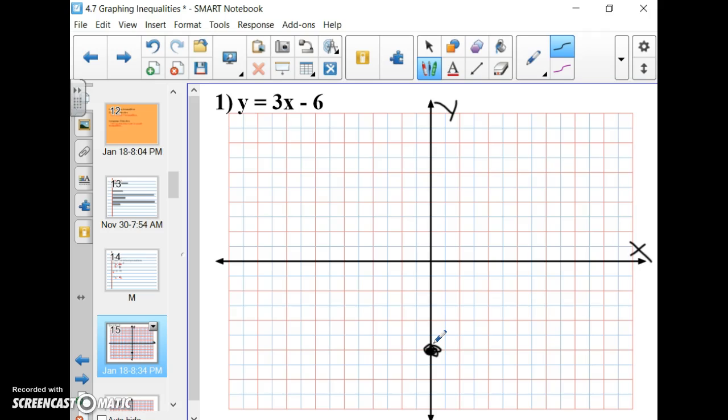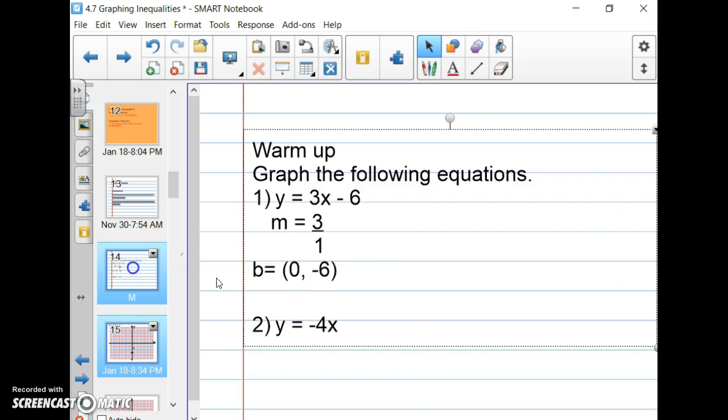Now my slope is 3 over 1. So if I start here at the y-intercept, which again is notified as b, so I think of it as the beginning, I'm going to go up 3, so 1, 2, 3. I'm going to go over 1. I'm just going to put a dot right there. So now I have both of my coordinates. Remember, this one came from the y-intercept, 0, negative 6.